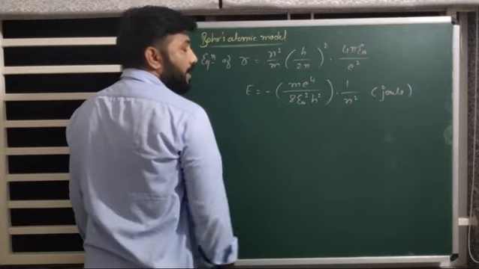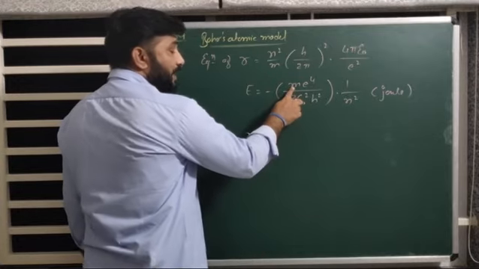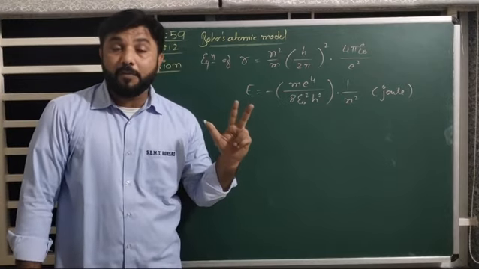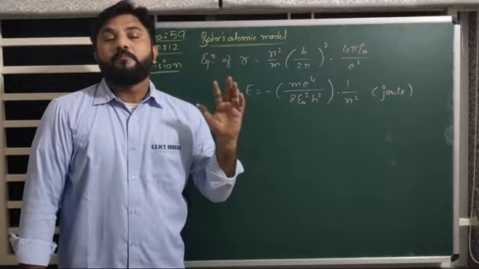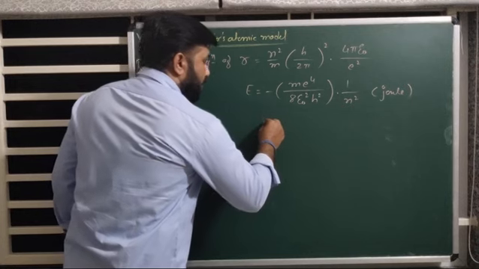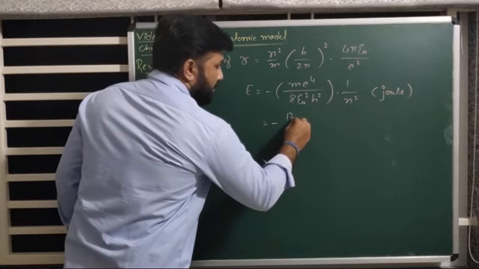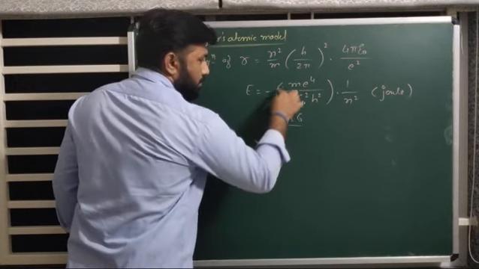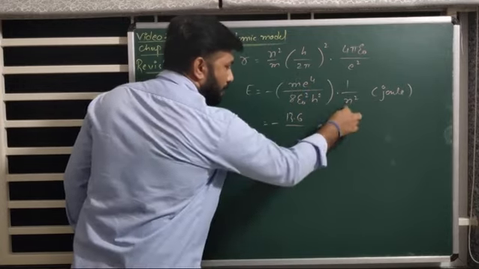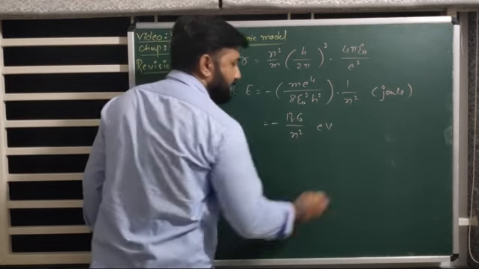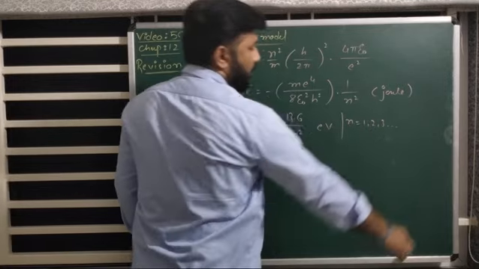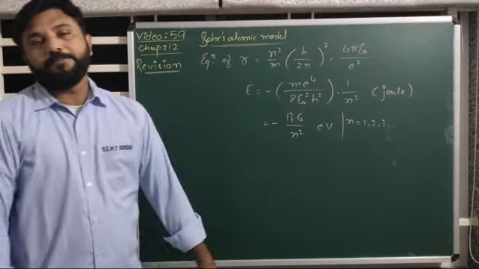But if you want to convert to electron volt, you have to place the values of m, mass of electron, e, charge of electron, epsilon 0, permittivity of free space, and h, Planck constant. In our regular video, we have already obtained its value, and it is minus 13.6 electron volt, with joule converted into electron volt, and n squared as it is, where n is equal to 1, 2, 3, 4, 5 and so on.